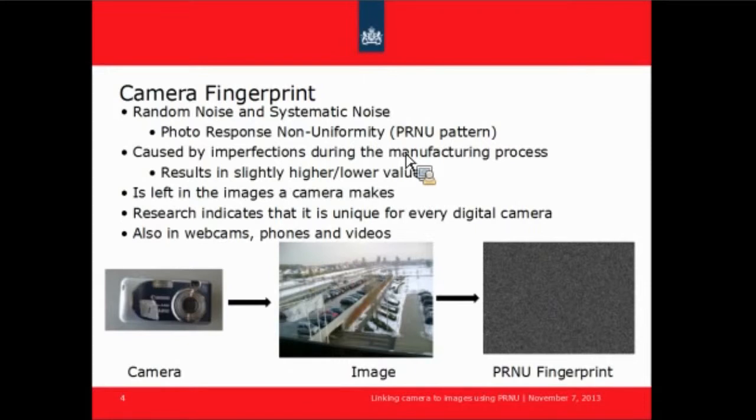Every image taken by this camera will have the same fingerprint. This PRNU noise is caused by imperfections which happen during the manufacturing process of the camera sensor. Basically, it results in the pixels giving a slightly higher or lower value than they actually should.